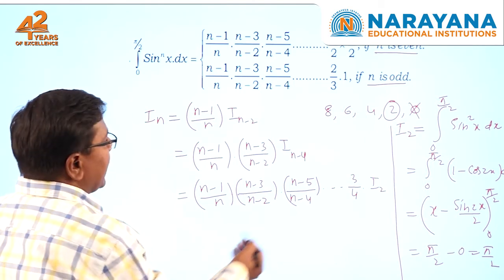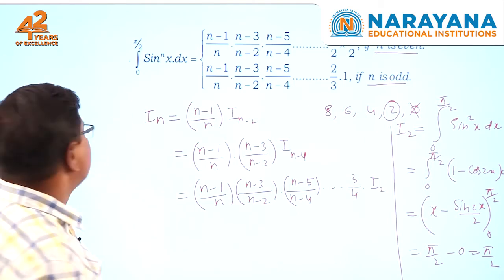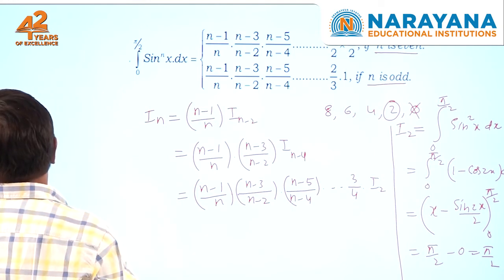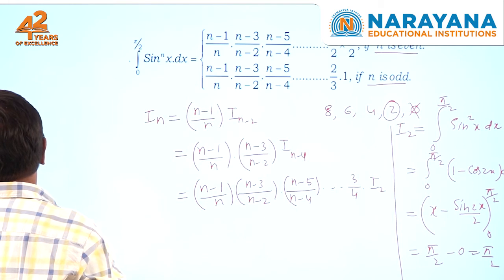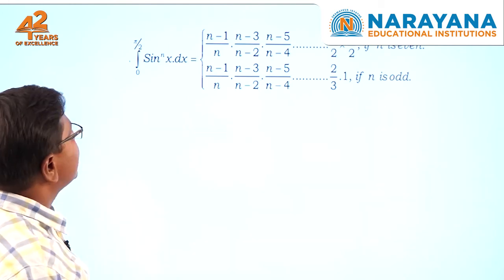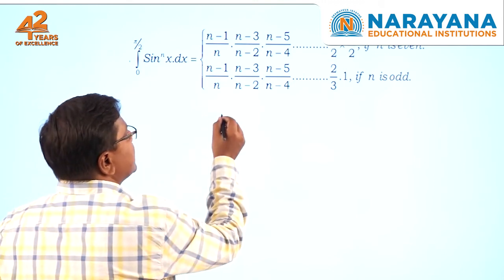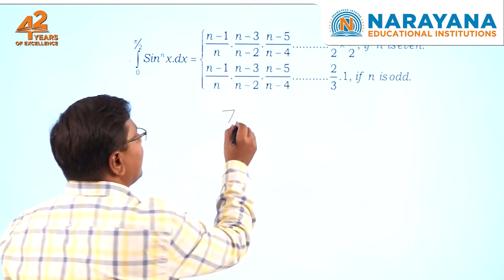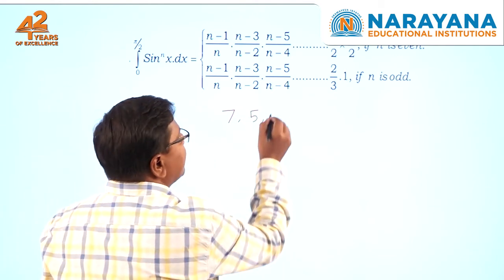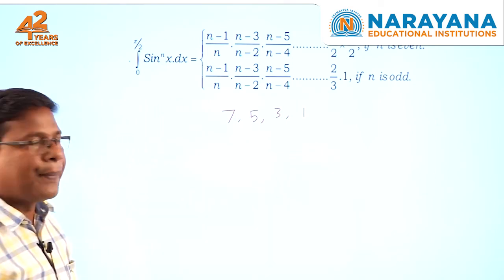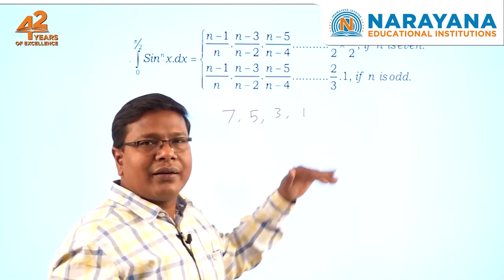Now, come to the case where n is odd. If n is odd, in the place of n if you write odd, look at it. Suppose instantly you understand this, suppose you take n equal to 7, odd, right. The next term we will get is 5, next is 3, next is 1, okay. That means we need to find I1 at the last.